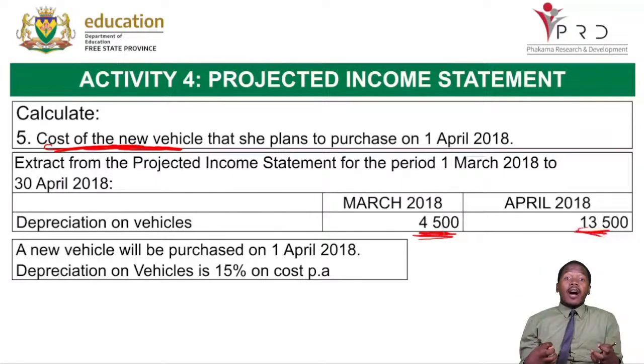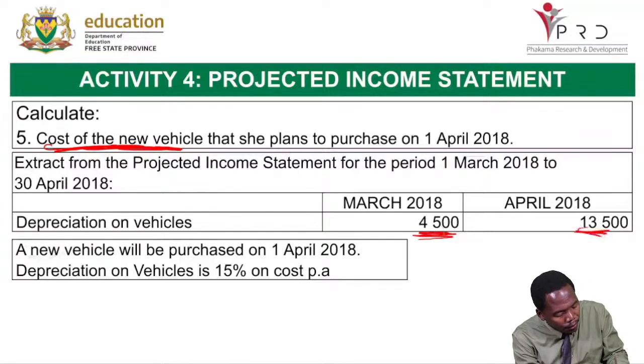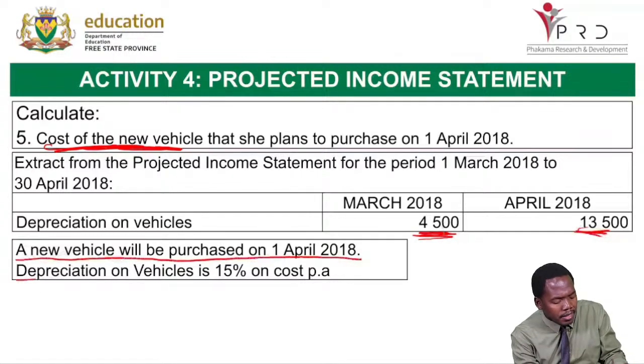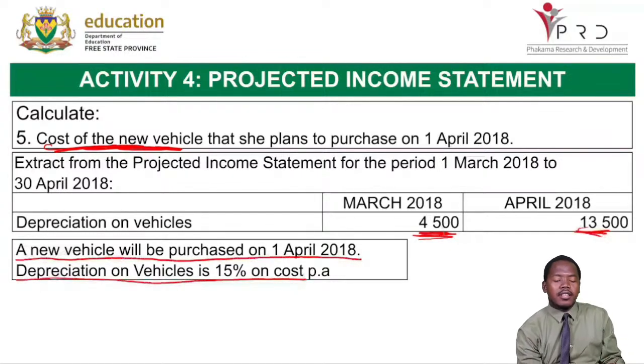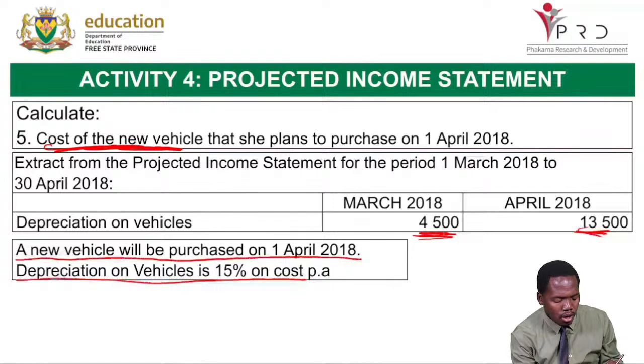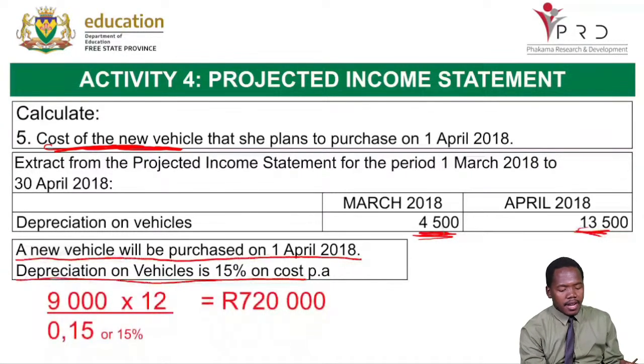If it's going down, it may mean that you may have disposed of your assets. Now, let's just look at the additional information. A new vehicle will be purchased on 1 April. Depreciation on vehicles is 15% per annum on cost.